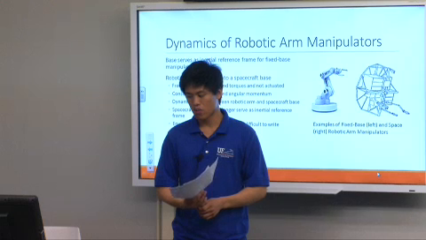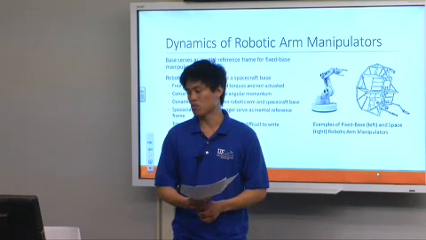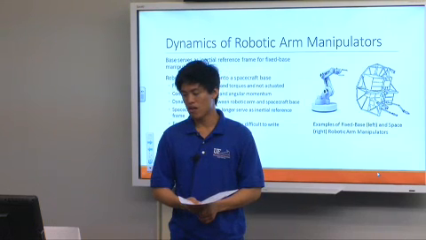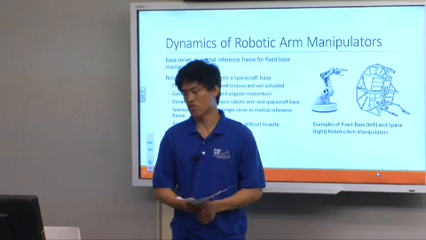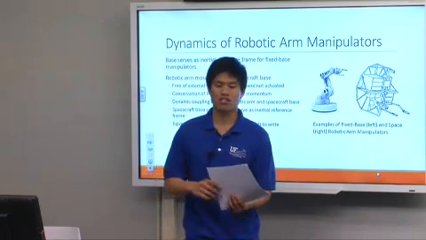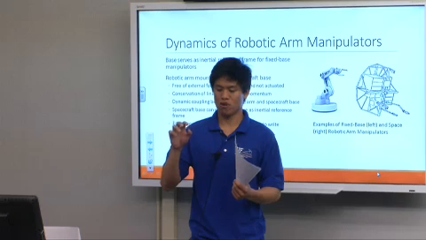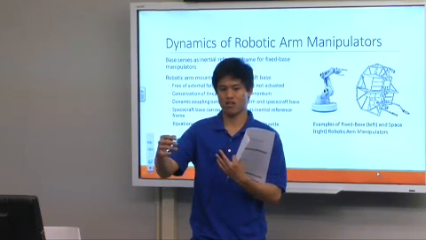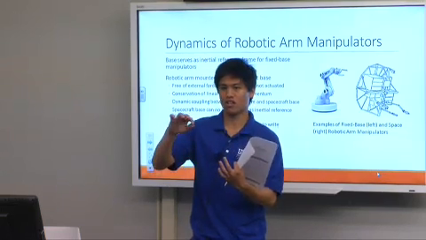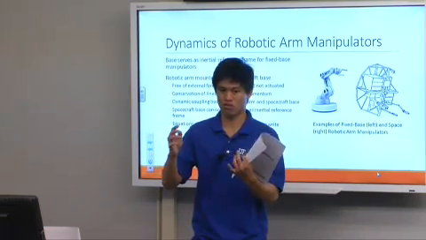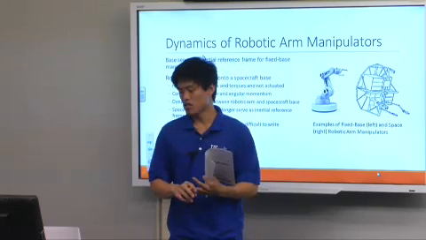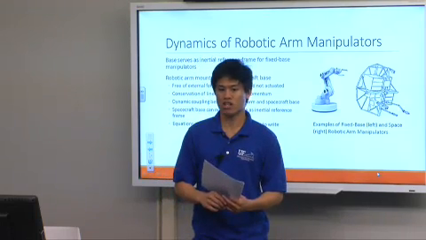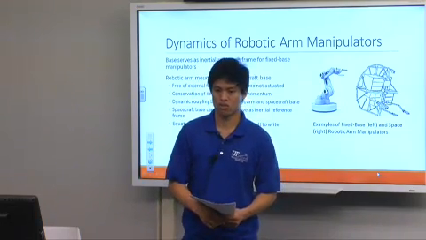This means there's a dynamic coupling between the robotic arm and the spacecraft base, so the spacecraft base can no longer serve as the inertial reference frame. Physically, if the robotic arm on the spacecraft were to move forward, the base would move backwards and reorient itself to conserve linear and angular momentum. Stressing the point that we can't write the equations of motion with respect to the base anymore, they become very difficult to write.